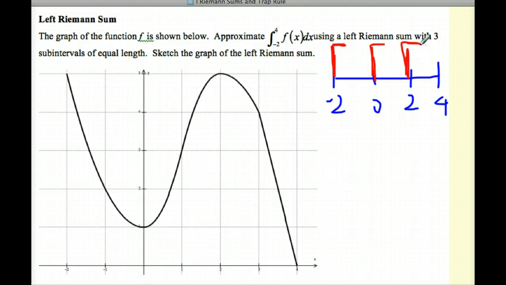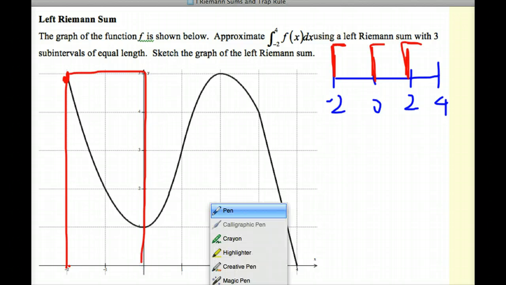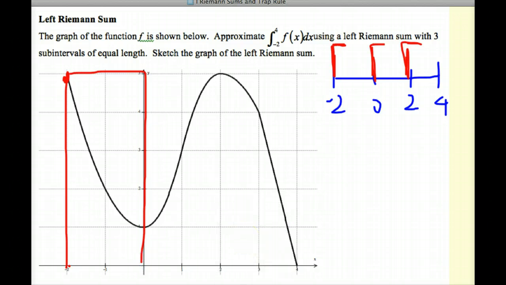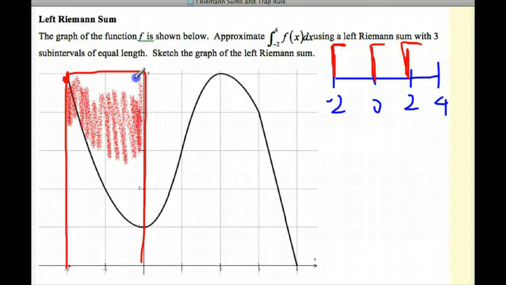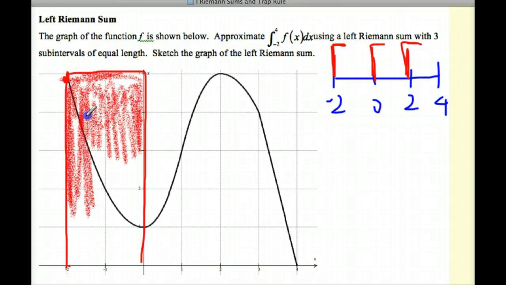So I do the same thing. When I go to the left-hand side, my first left hand is -2. I draw a line from -2, and then I continue until I hit 0. So now my first rectangle is this right here. So let me color this in like a little first grader.